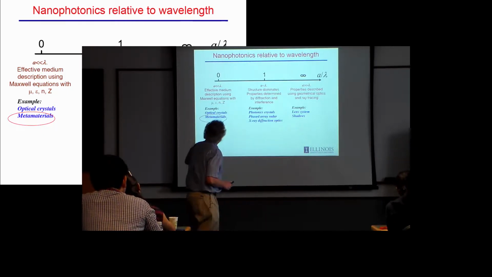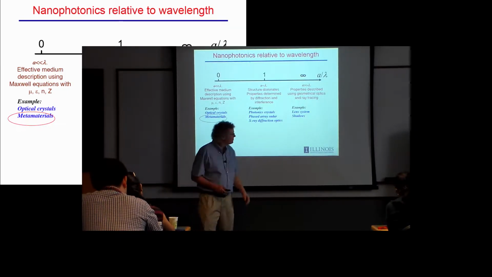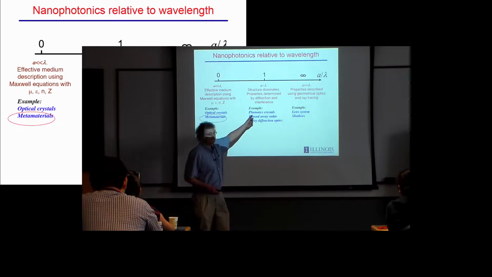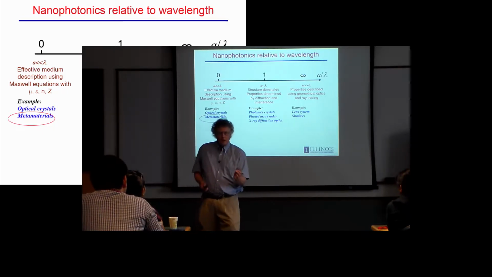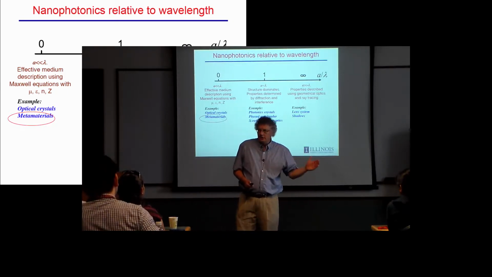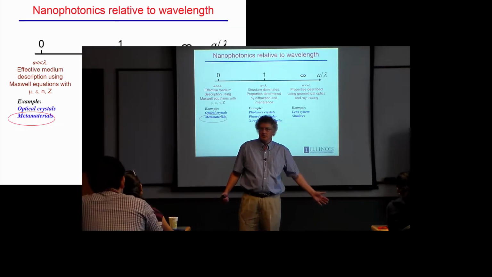Okay? Now, on the other hand, the structure that we could be talking about in our material could be on the size of the wavelength. And we'll talk about this in more detail in a little while. This is the regime of what we call photonic crystals. So this is saying that we're basically taking matter and engineering it at the scale of light. Now this happens a lot in biology, right?